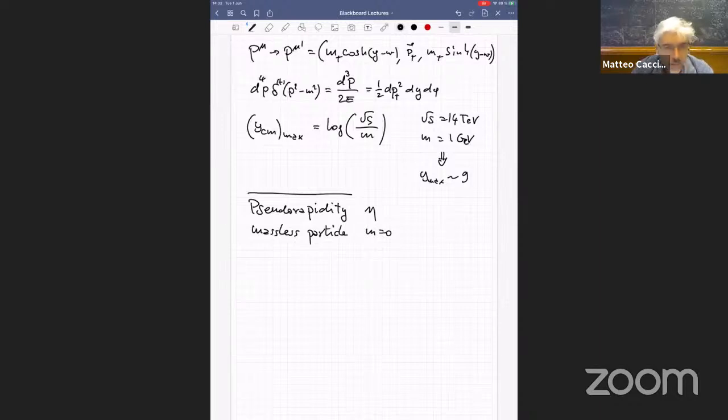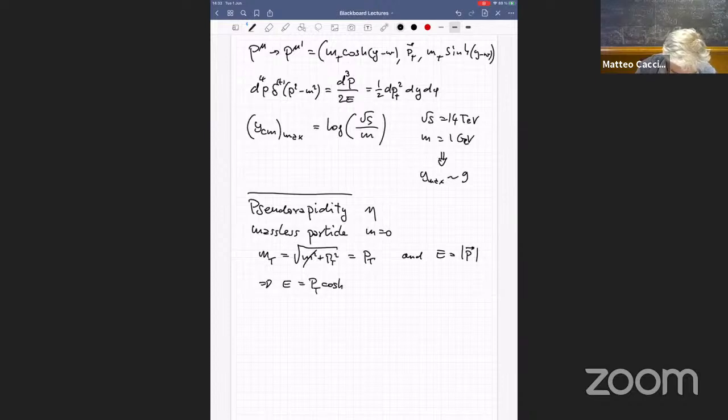m equal to 0. So if m is equal to 0, the transverse mass, which was equal, let me remind you, to square root of m squared plus pt squared, will simply be equal to pt. And of course, also the energy will be simply equal to the value of the momentum. These are the characteristics of a massless particle. This means that the energy of the massless particle will simply be mt cosh y.